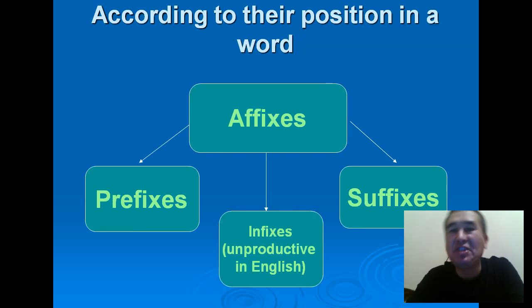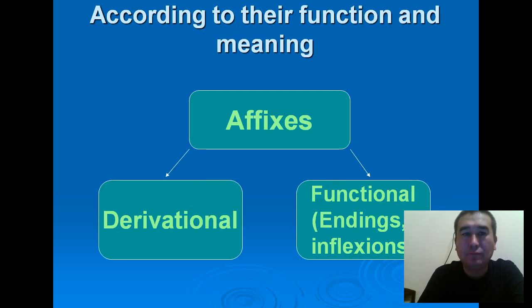According to their position in a word, affixes are prefixes, infixes, and suffixes. Affixes are divided into such subclasses. According to their function and meaning, affixes can be derivational or functional, mostly endings or inflections.